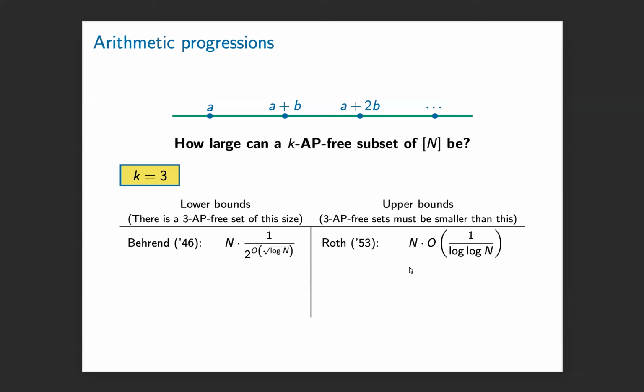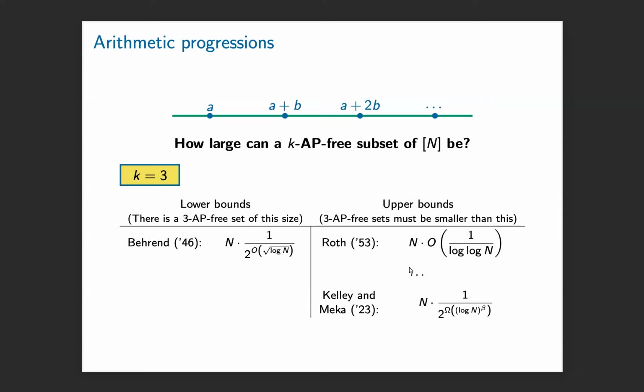There's been a long line of work since Roth in 1953 up to the recent results of Kelley and Meka at last year's FOCS, showing that Behrend's bound is sort of the right shape. We should expect that the true answer looks like this.